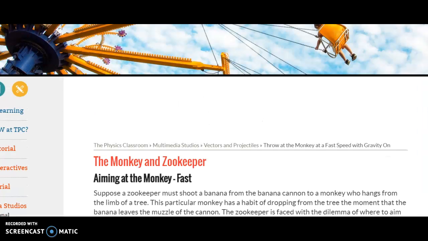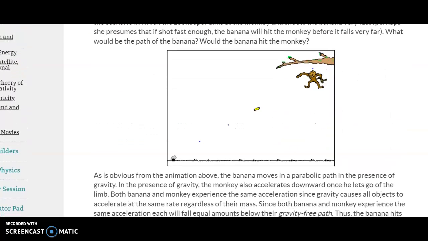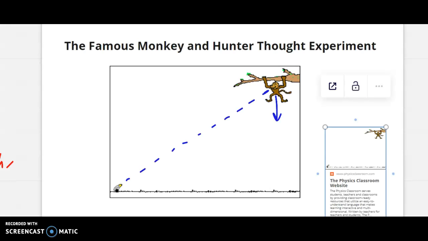And so if you throw right at the monkey, then what ends up happening is he gets hit by the banana. Why? Because the banana is going to fall off of its gravity-free path the same amount that the monkey falls from rest. See, with gravity on, that banana is going to follow this parabolic path.